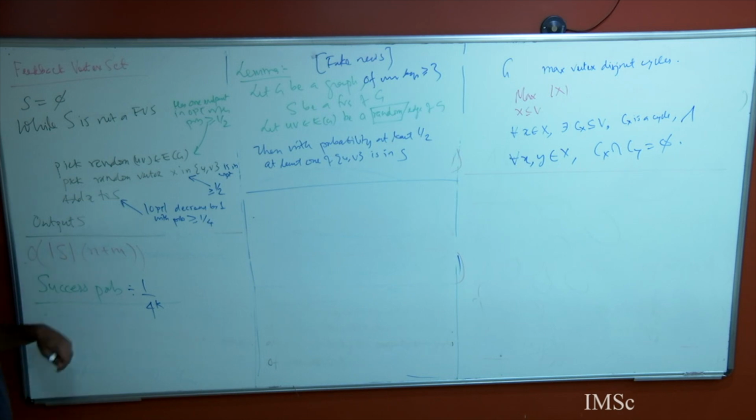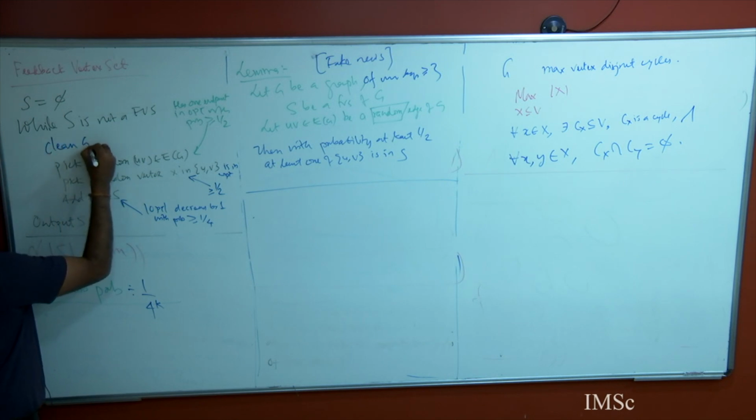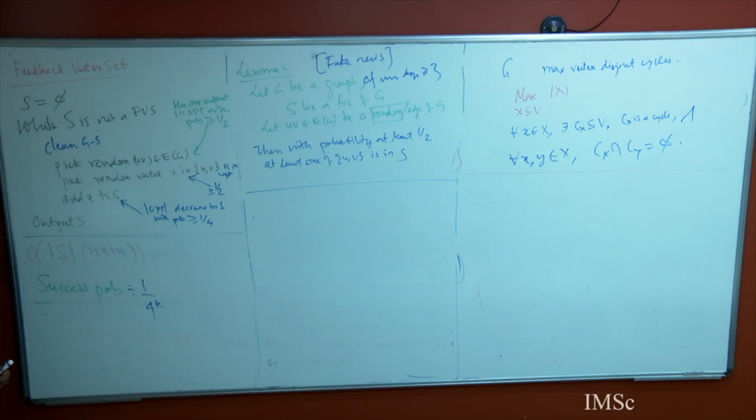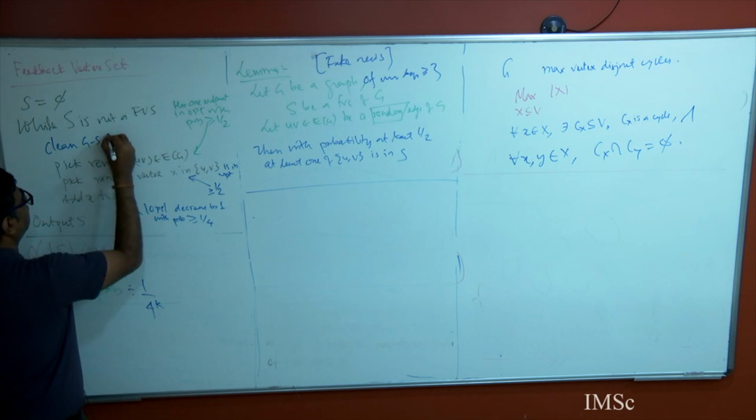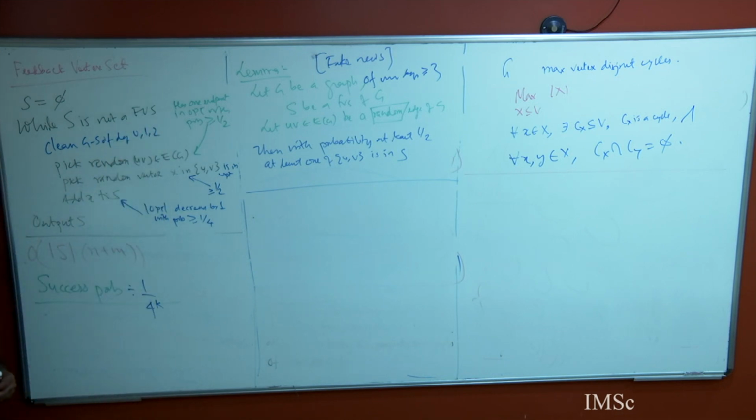So then basically my algorithm is to clean G minus S of degree 0, 1, 2 vertices, and then this algorithm is definitely correct the way I have told.